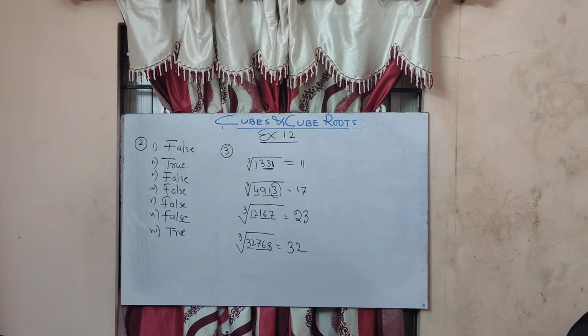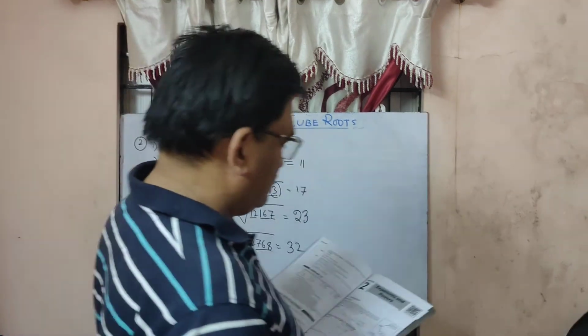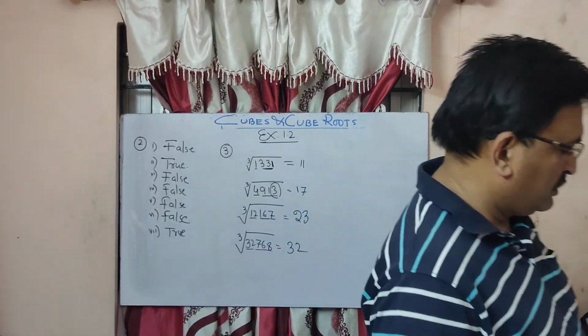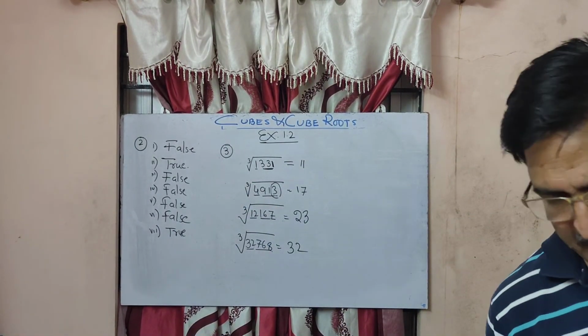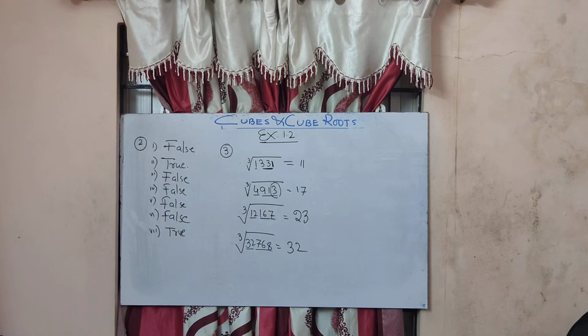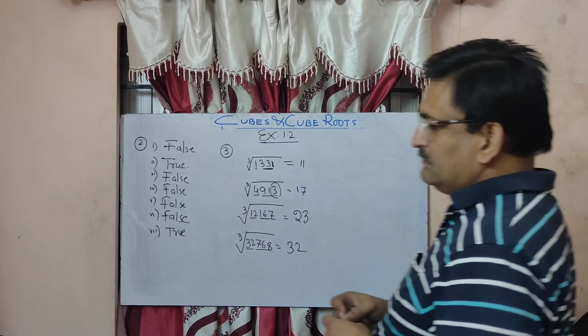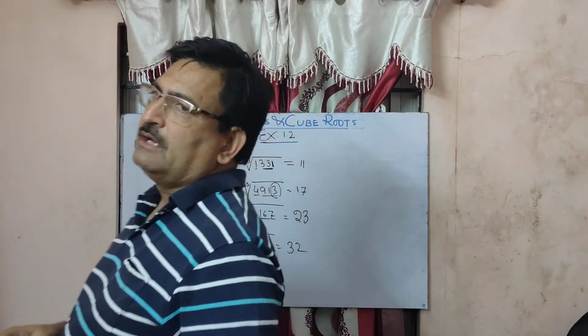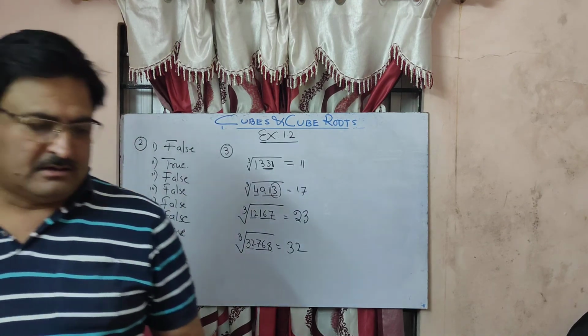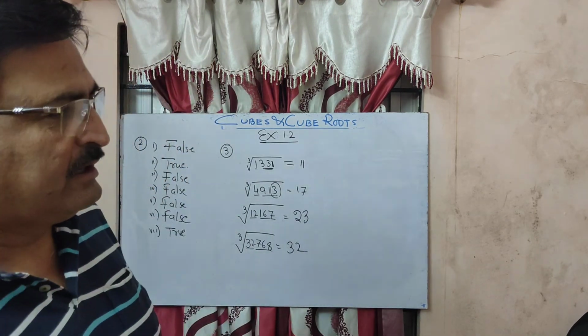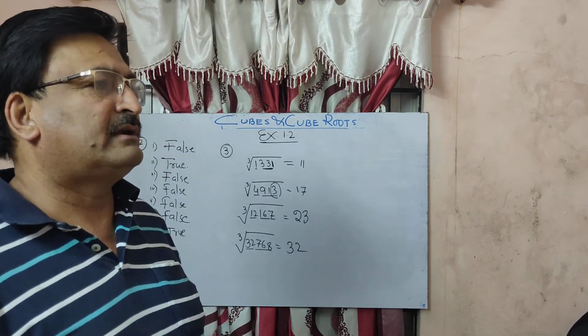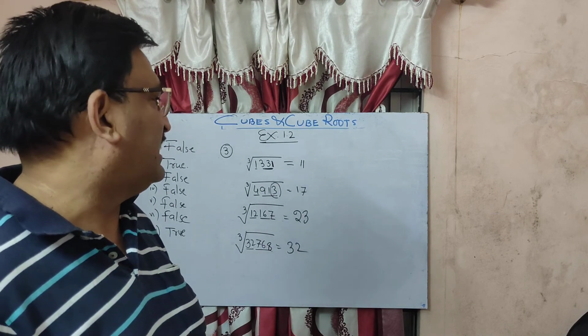You can solve as many examples as you want. Whatever examples are left, just solve them, and if you are not following them, I will be in the school, or you can post in the group and I'll try to help you in this regard.